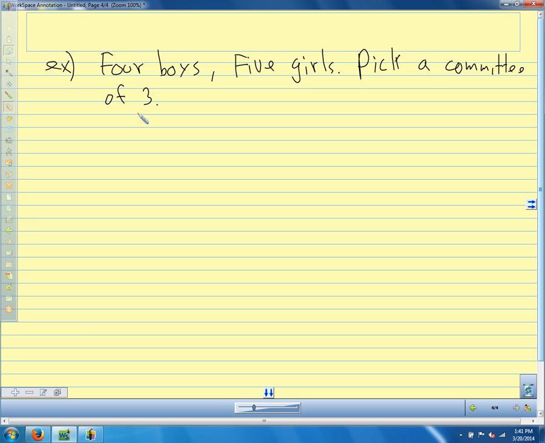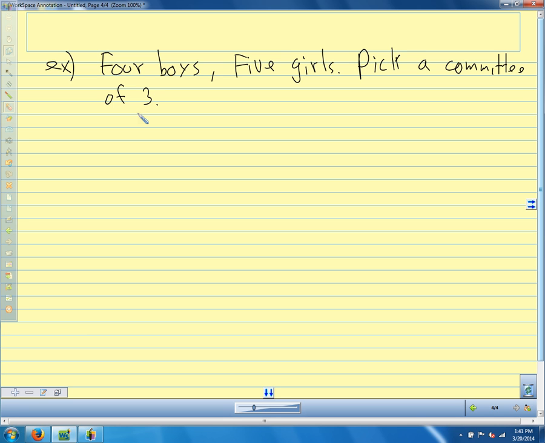How did we count things when we were picking the smaller group out of a larger group? Do we remember? How many ways could we make a committee of 3 out of a class of 30? How do we count that? Well, it had to do with factorials.